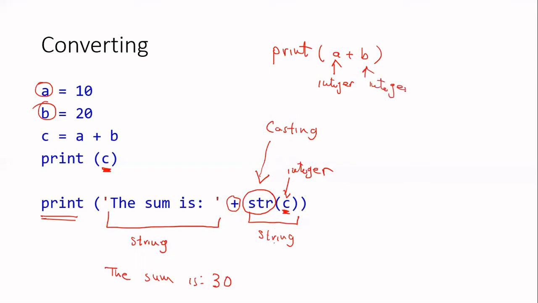So in this instance, there was no problem. I could do the calculation, integer plus integer, and it would not give me an error. But in this example, because I put the quotes, that made it a string, and when I try to join it with an integer, that results in an error. So we can do something like this, provided there's no message. But if you want a message with it, then a conversion is required.